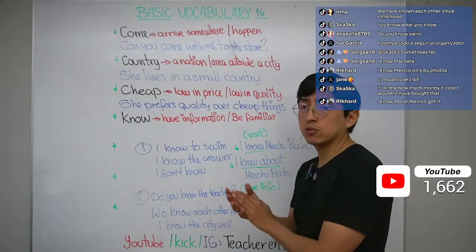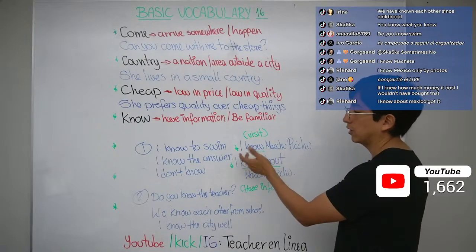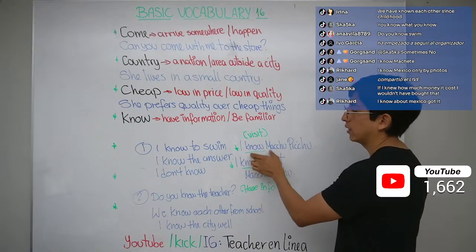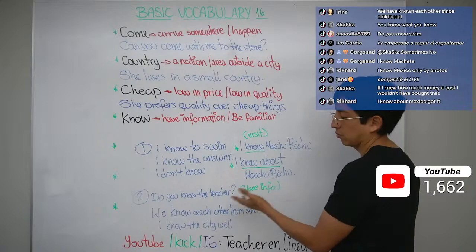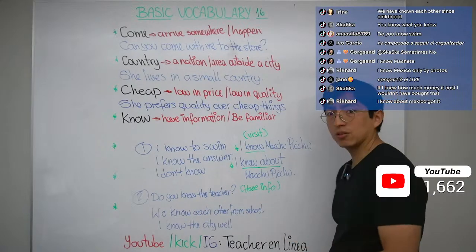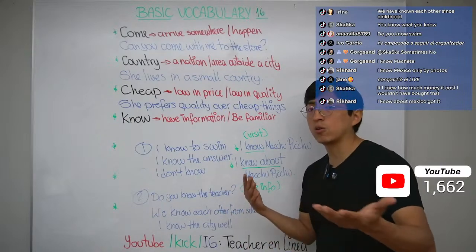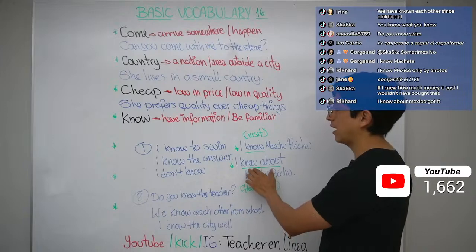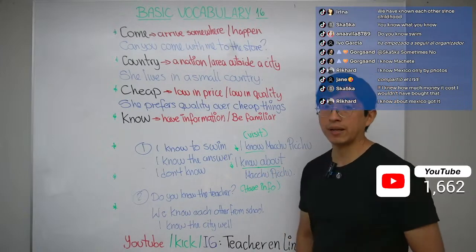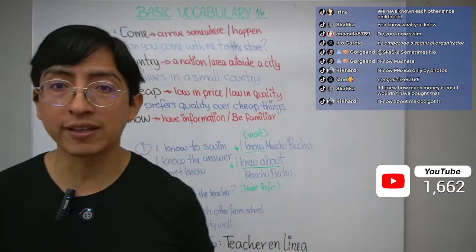Okay, I've never been to Machu Picchu. So look at this. You can say, "Hey, I know Mexico. I've visited Mexico. I know about Mexico." It means that you have information you learned about Mexico, in school, for example. No? So these are the difference between I know and I know about. Well, copy this and let's continue with your examples, guys.